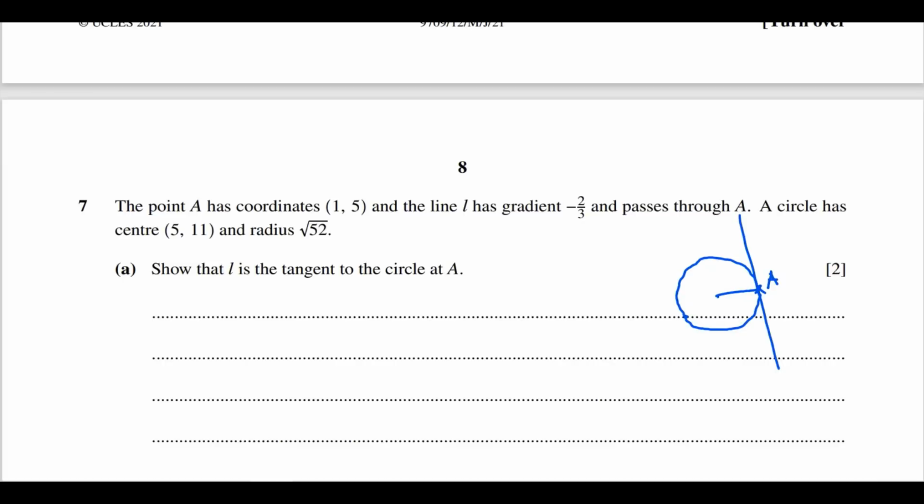So if you join the point of contact of the tangent and the circle with the center of the circle, it will make 90 degrees.